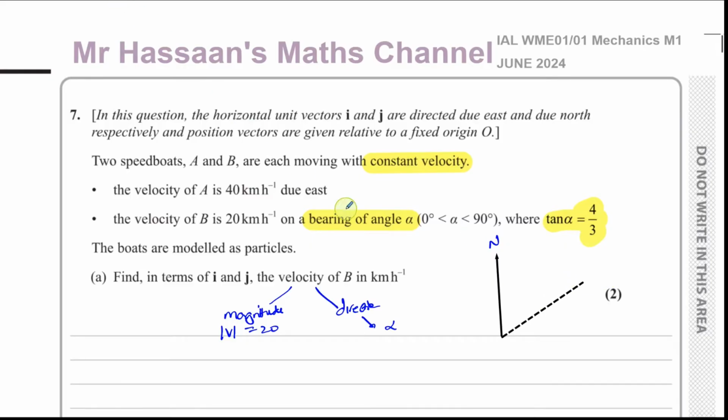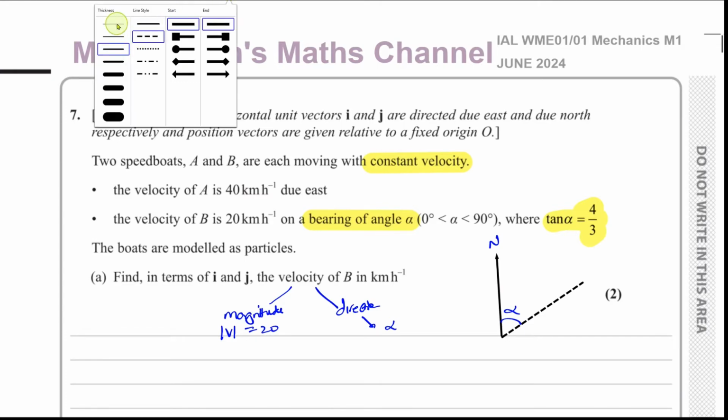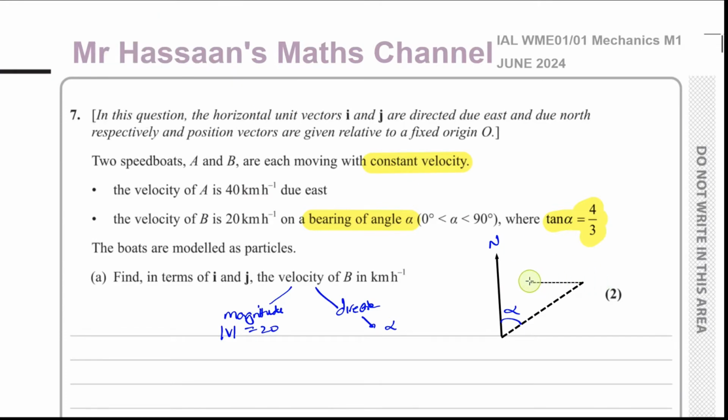The side opposite alpha would be 4, and the side adjacent to alpha would be 3. If I draw a little right-angled triangle here, this is 4 and this is 3.